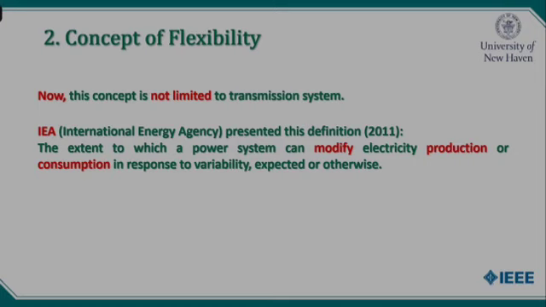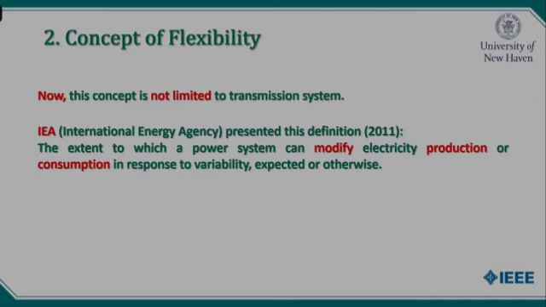You can see this two-line definition of flexibility in this slide. It says that it is the extent to which a power system can modify electricity production and consumption in response to variability, expected or otherwise.